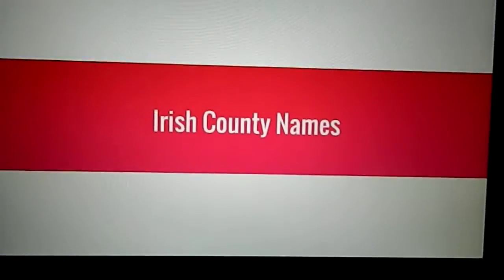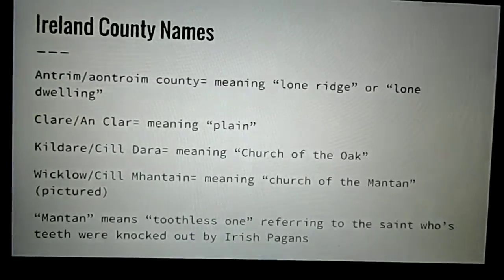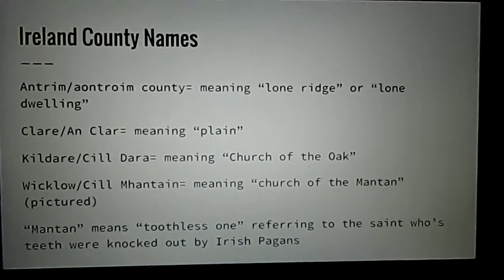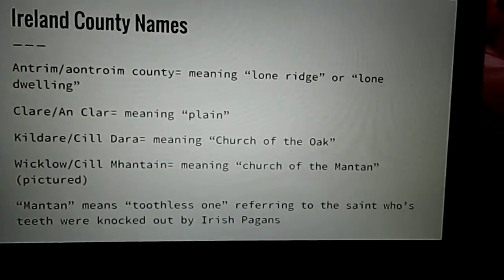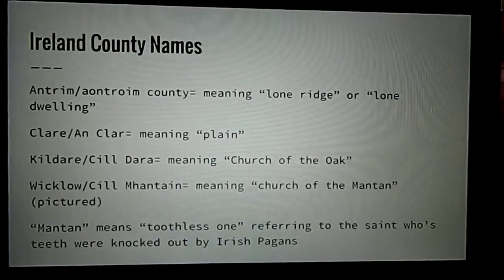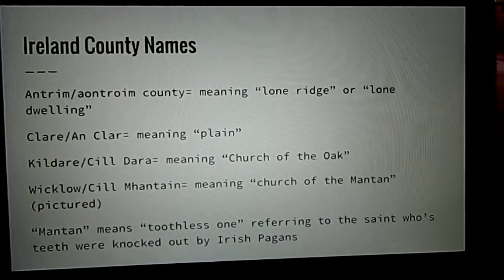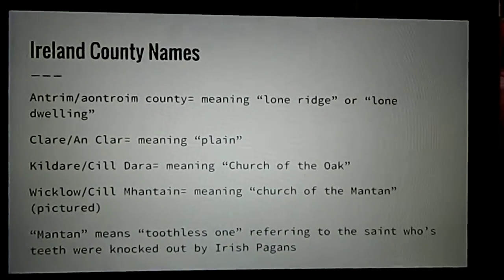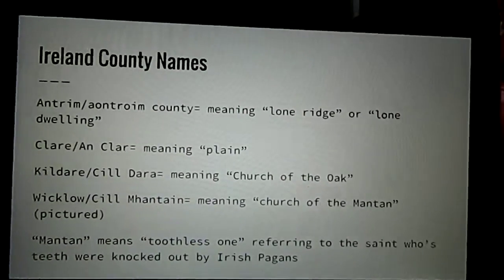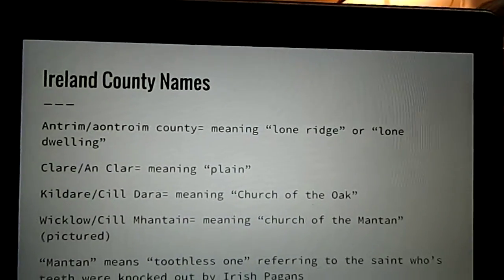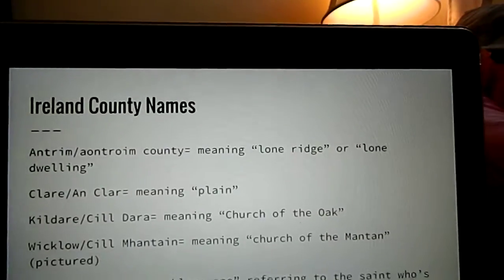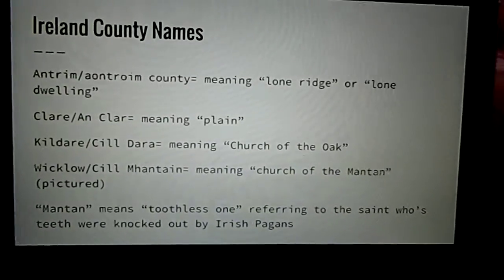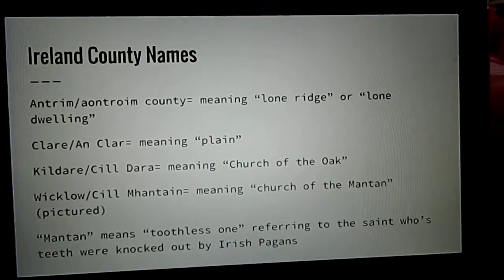So now, Irish county names. I just have some examples of county names and what they mean. Antrim means lone ridge or lone dwelling. Clare means plain. Kildare, which I've definitely heard before, means Church of the Oak, which is another example of oak.